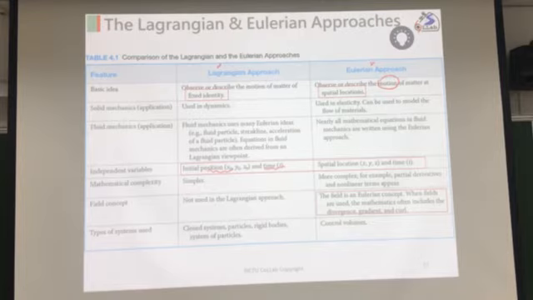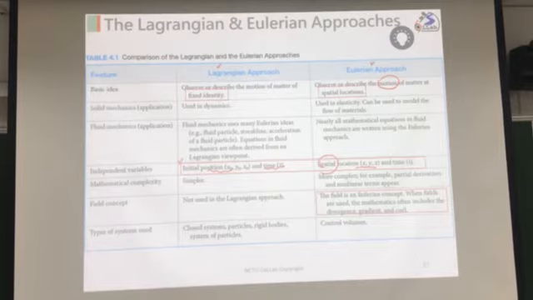But for the Eulerian, we just have the spatial locations, and then we can predict any location for the velocity field.